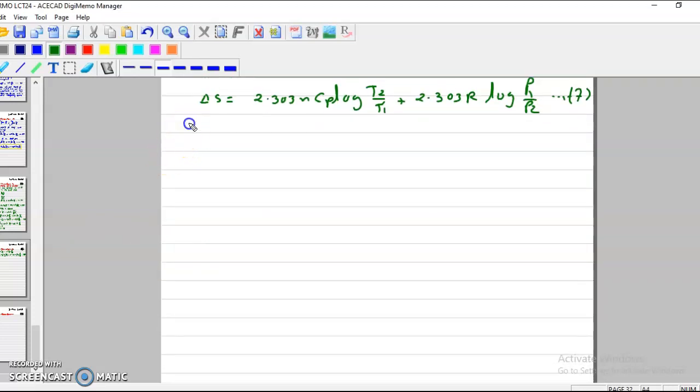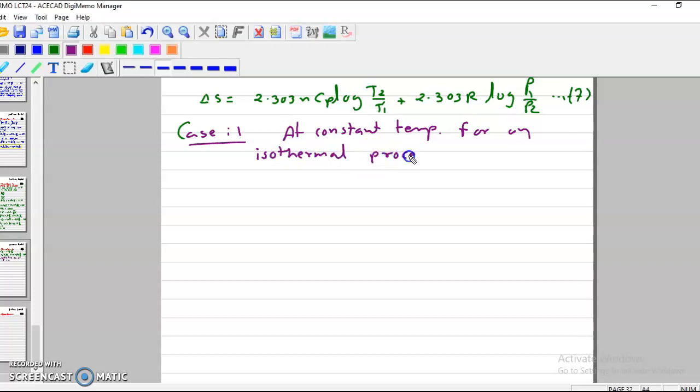So the first case, case 1: at constant temperature, for an isothermal process. So when temperature is constant, that means T1 is equal to T2.